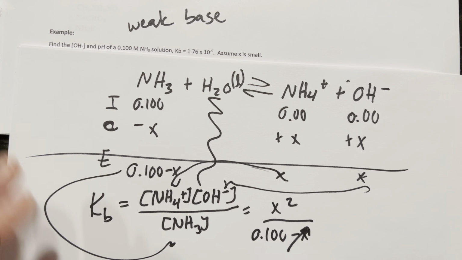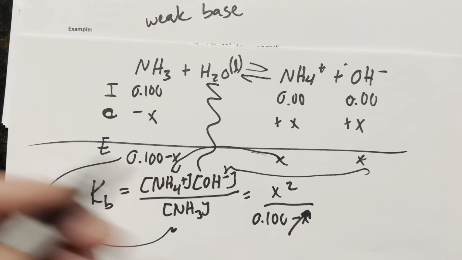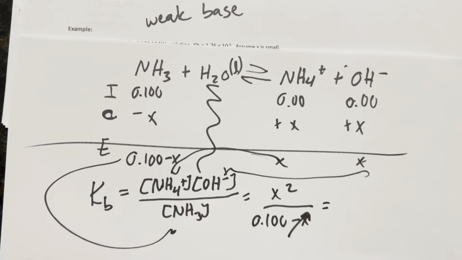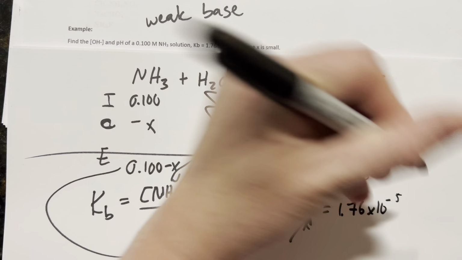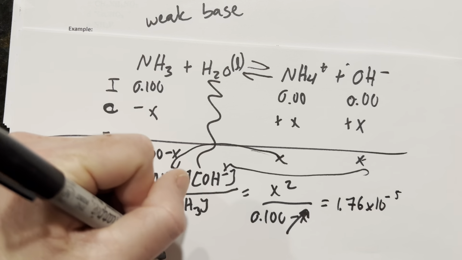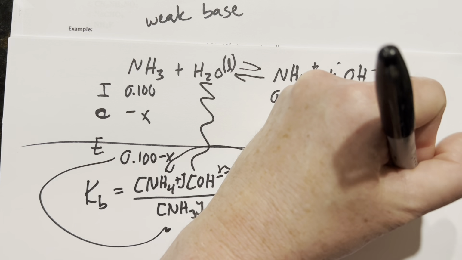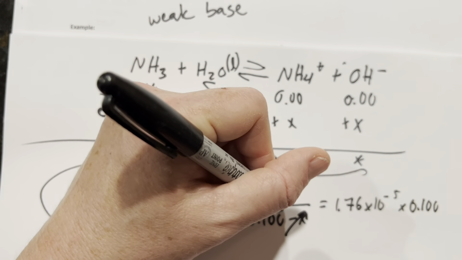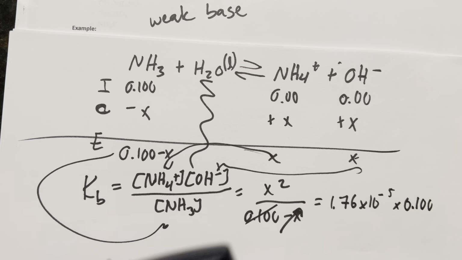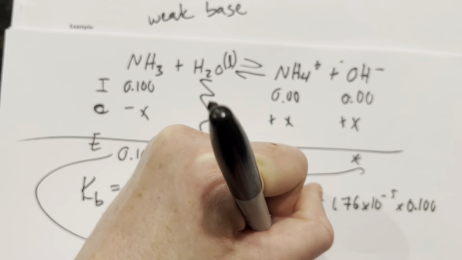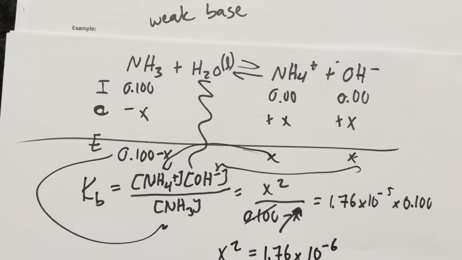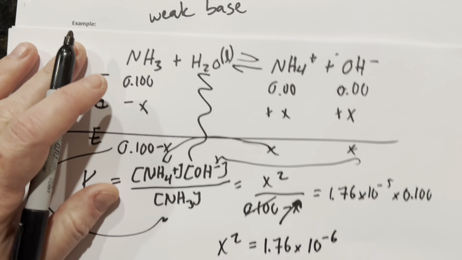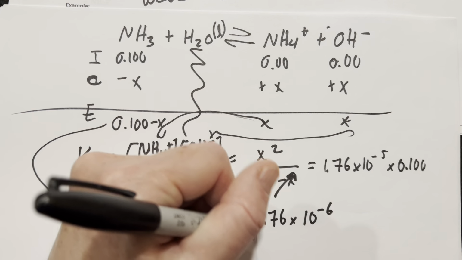All right, and now we're just solving for x. So we know our Kb is 1.76 times 10 to the negative 5, right? So we're going to multiply times 0.100. So now we have x squared equals 1.76 times 10 to the negative 6. And then we'll take the square root of that.